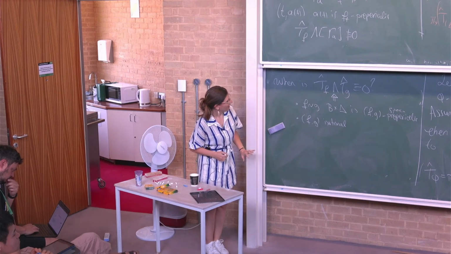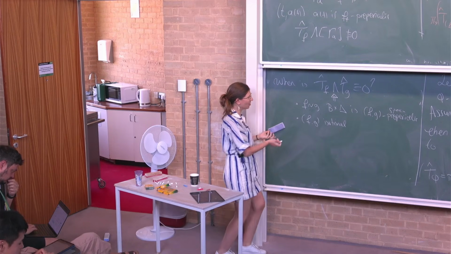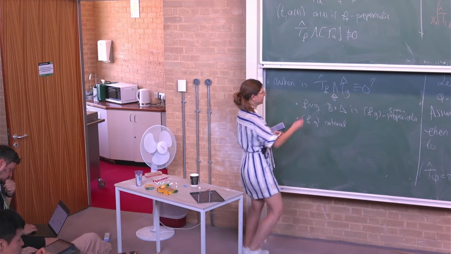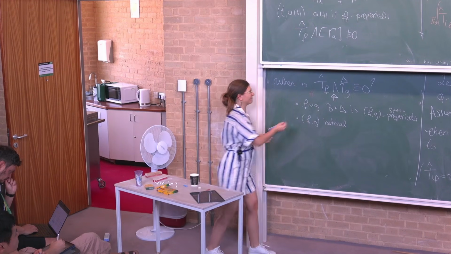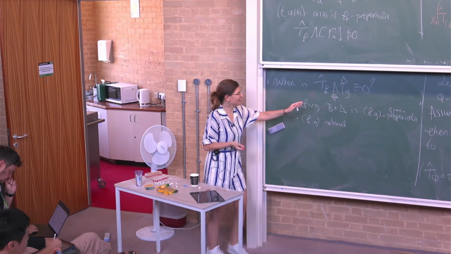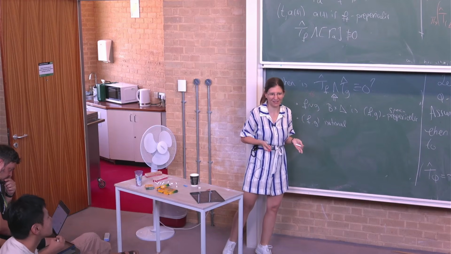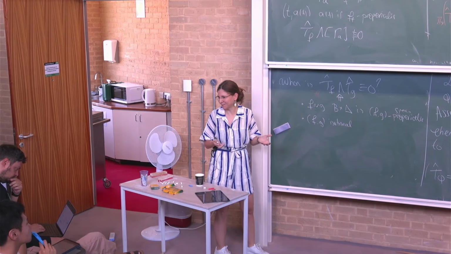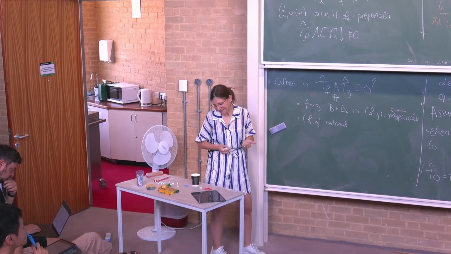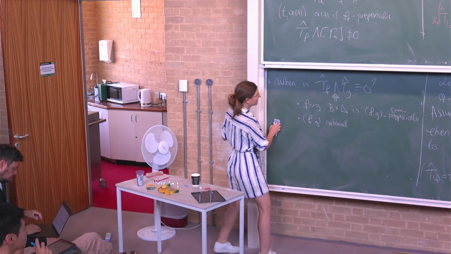What about the converse? Is the converse true? Indeed, that will be the theorem. But how do you even think about this question? How do you think about this measure, this wedge? What does it see?